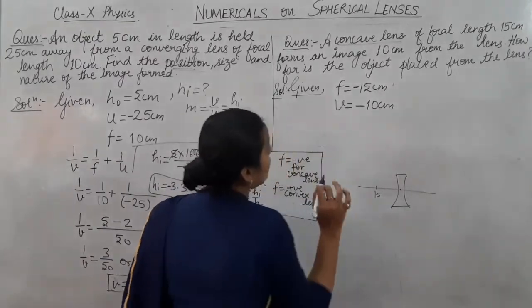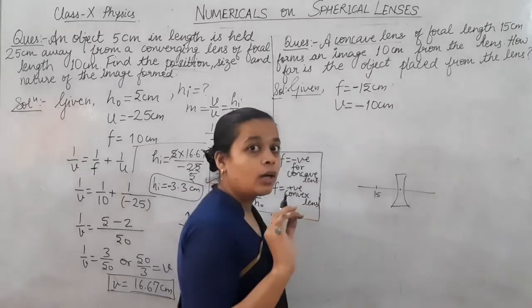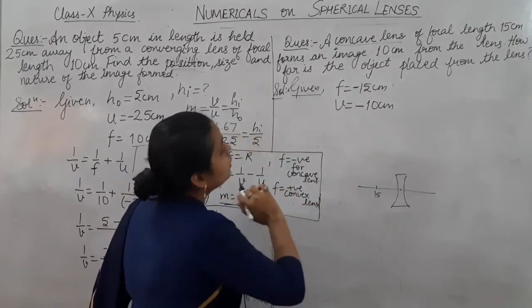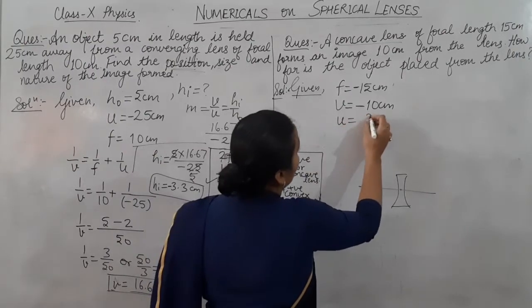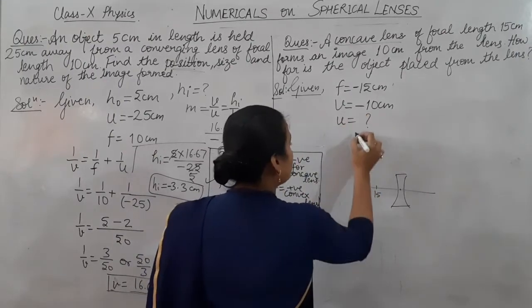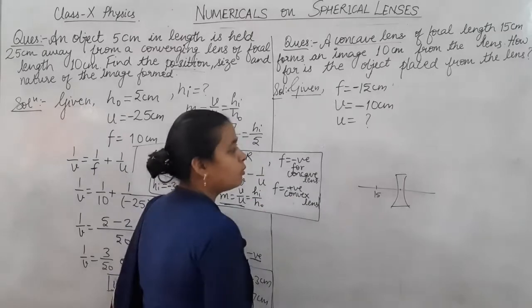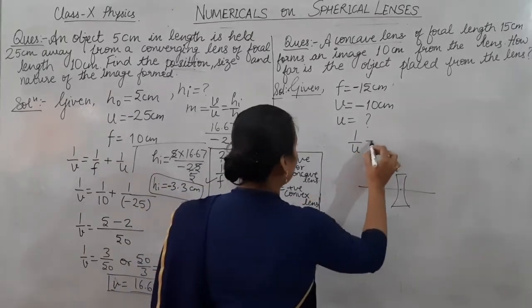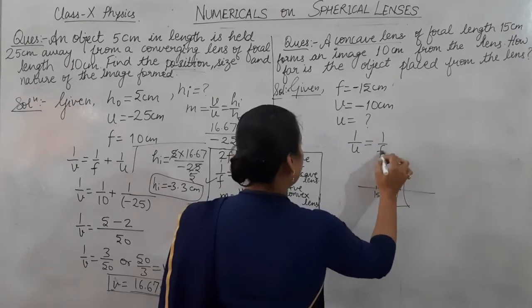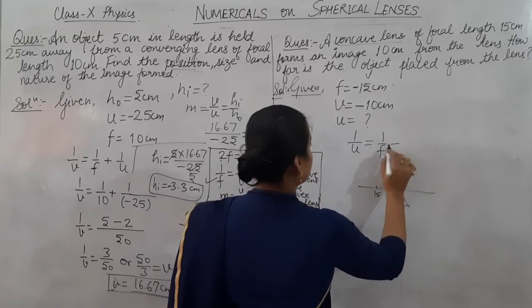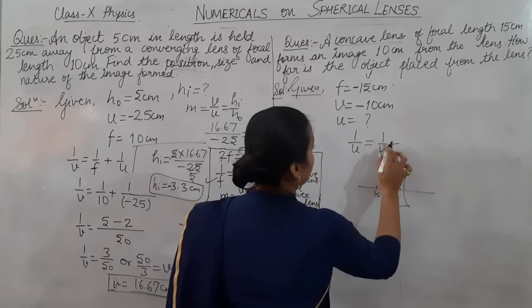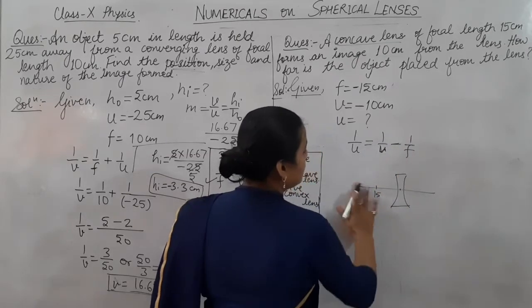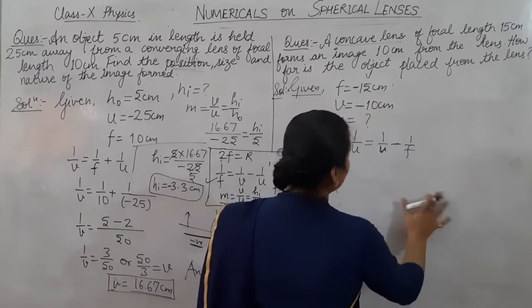This is very important to remember: how to use sign convention in each and every question. Now how far is the object? Again using this lens formula, you will get 1 upon u is equal to 1 upon v minus 1 upon f.